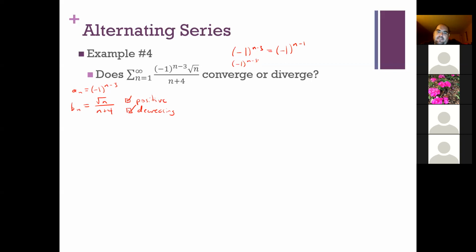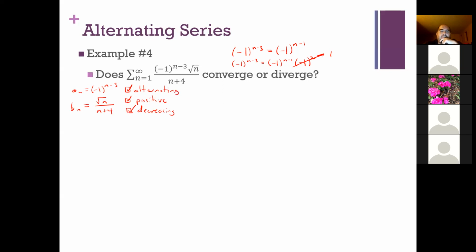Basically, what I can do here is factor out a -1 to the power of 2. And -1 squared is just +1. So if it's not obvious that the n minus 3 power doesn't really change anything in terms of the alternation, there's another way to show that. So it's alternating, it's positive, and it's decreasing.